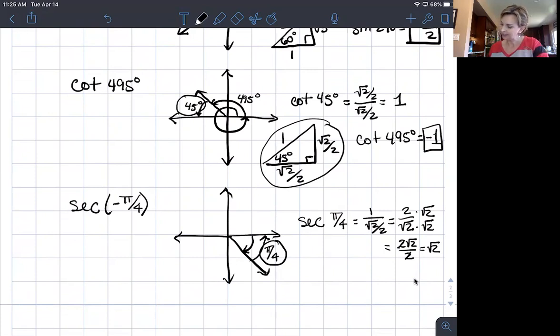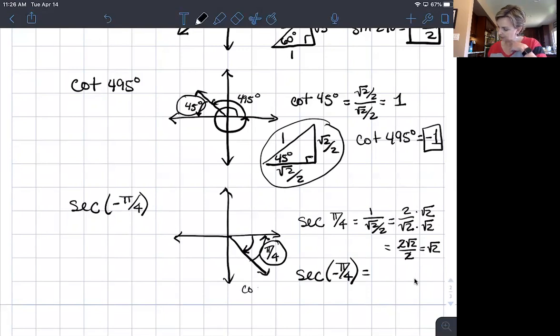But this one isn't actually 45 degrees. This one's actually the secant of negative 45 degrees. It's in quadrant 4. So we need to take that square root of 2 and figure out if it's going to be positive or negative based on the fact that it's in quadrant 4. All students take calculus, right?